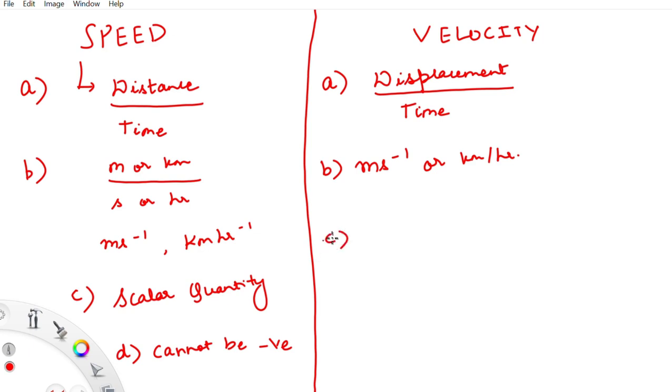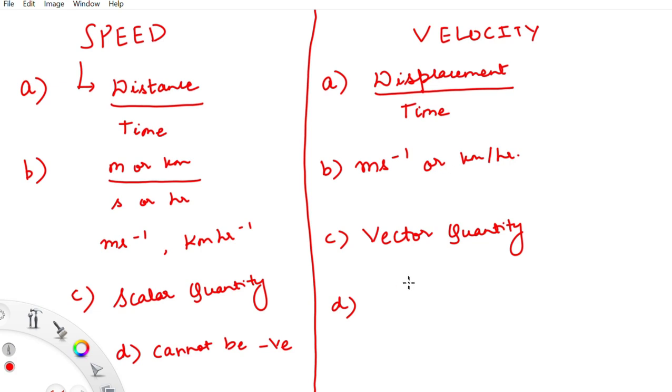Now, displacement, as we learnt in our previous lecture, is a vector quantity. Along with magnitude, it is dependent on direction as well. So, consequently, we can say that velocity is also a vector quantity. Now, displacement can be zero.